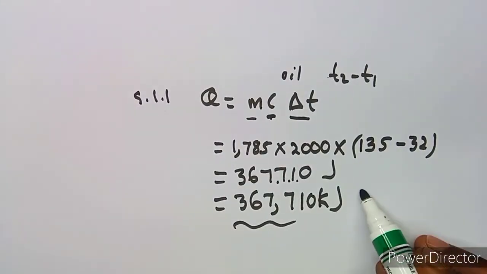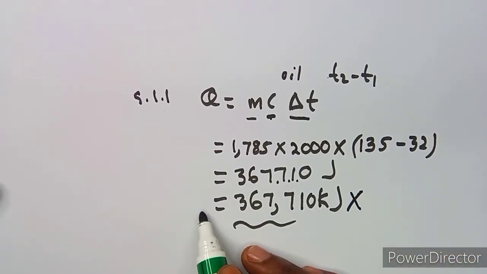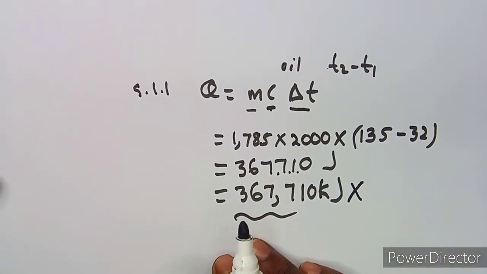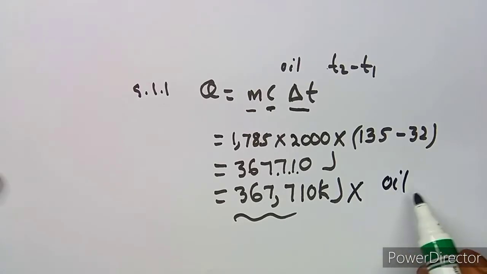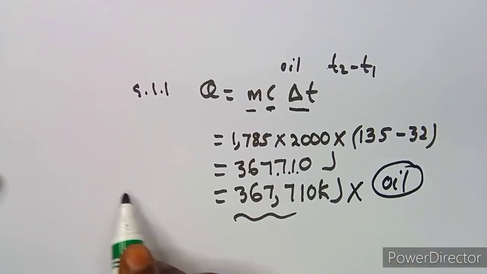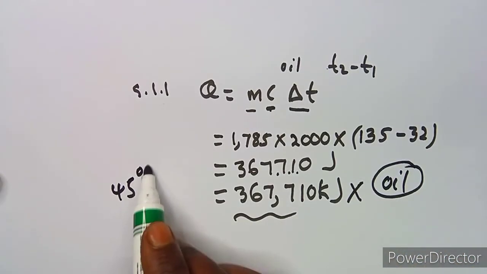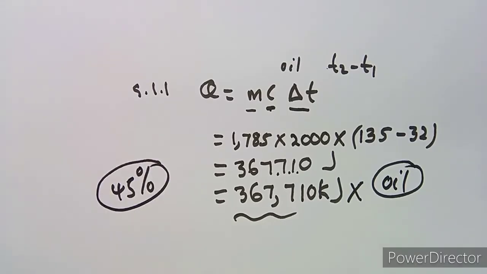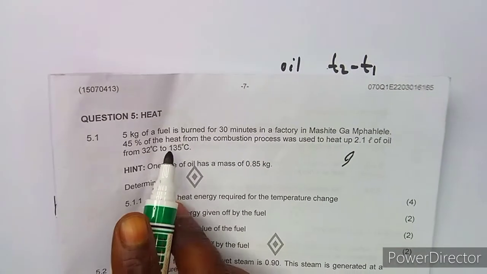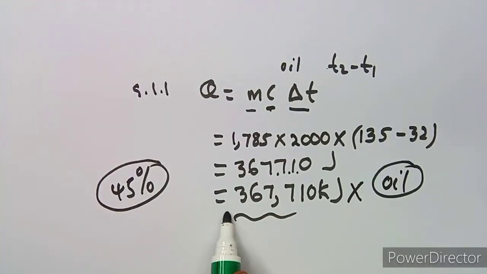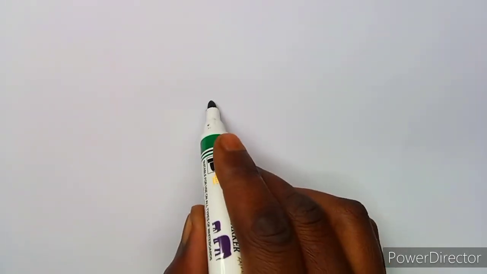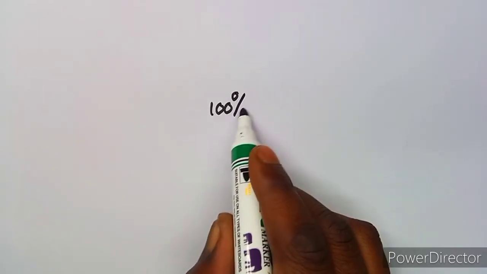Okay, so we are going to take this, guys, from this amount, because this is the heat that is being used to heat what? To heat the oil. And this is equivalent to the 45% that was taken from what? That was taken from the fuel which was used there. So if this is equivalent to 45%, it means the fuel itself at its combustion will be at 100%.